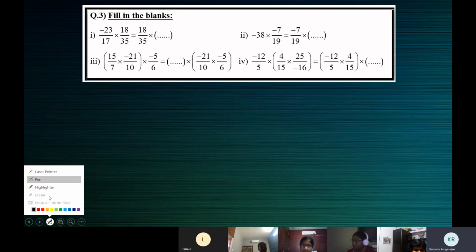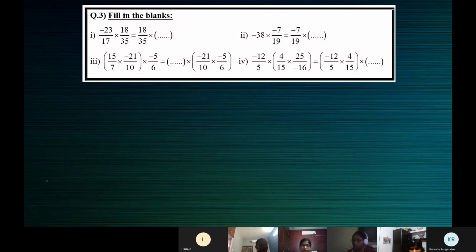Harshita, can you complete the first one? Ma'am, minus 23 by 17 into 18 by 35 is equal to 18 by 35 into minus 23 by 17. Very good. What property did you use to complete the statement?